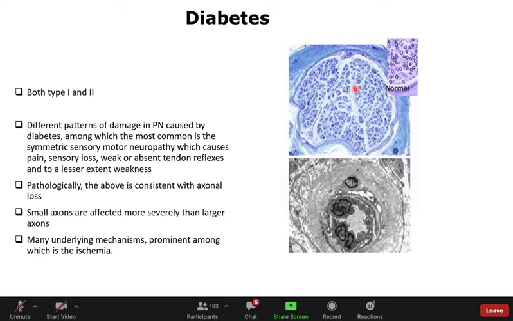So what you're looking at is that there are several mechanisms that interplay to cause the peripheral neuropathy. Primary among them is going to be the ischemia that results from the microvascular changes that are seen with diabetes. Okay, so this is diabetes.